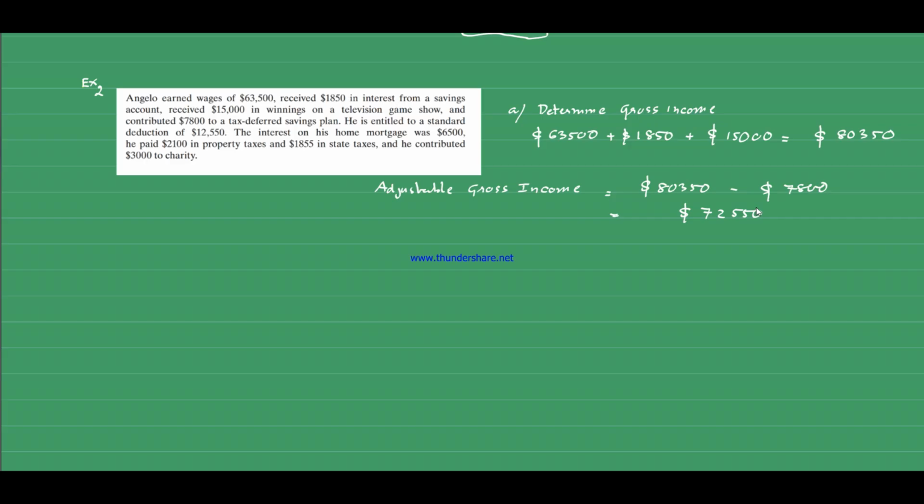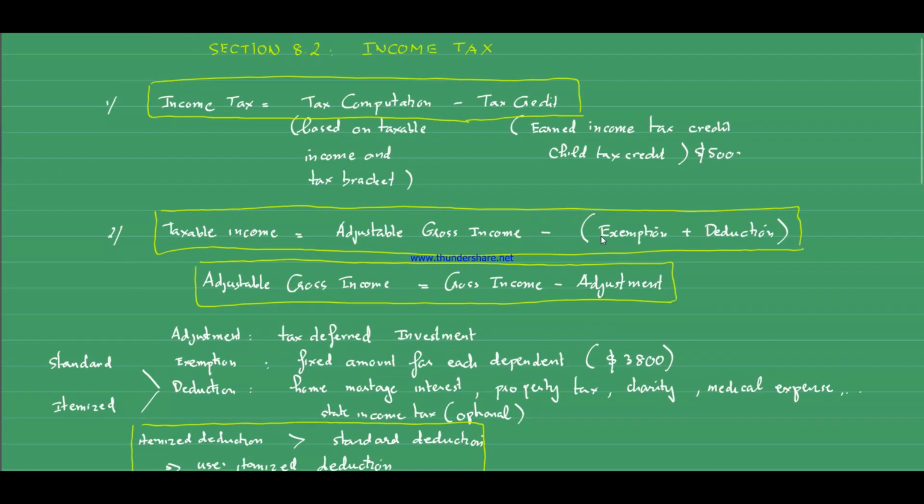All right. Now we're gonna calculate the itemized deduction, because in order to calculate the taxable income, we need to calculate everything. Remember the formula? Taxable income is adjusted gross income, which we already have, minus the exemption and deduction.